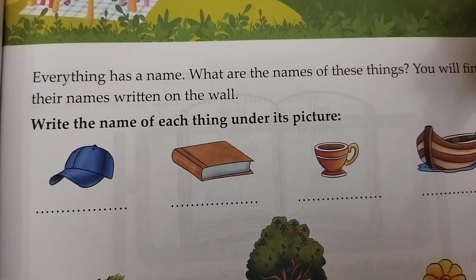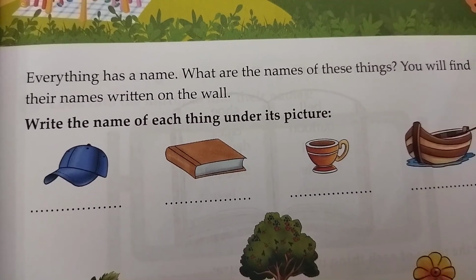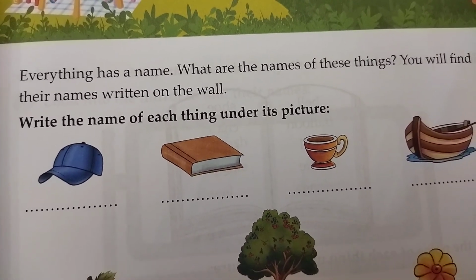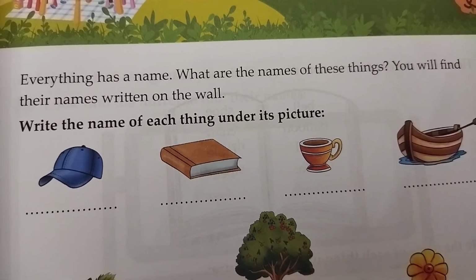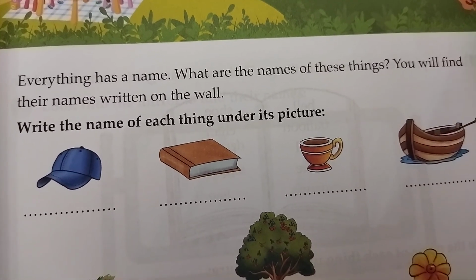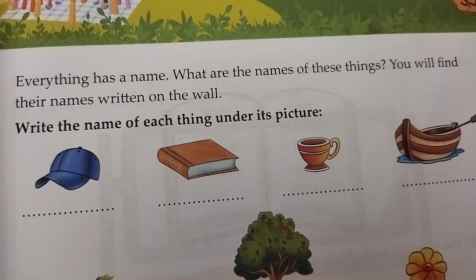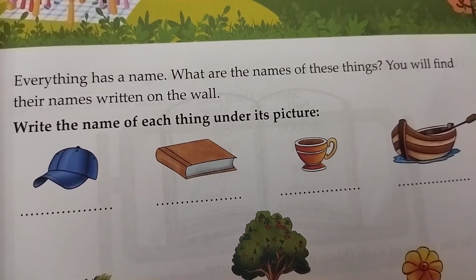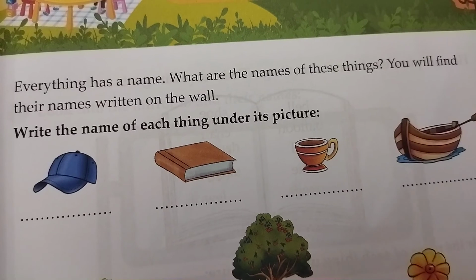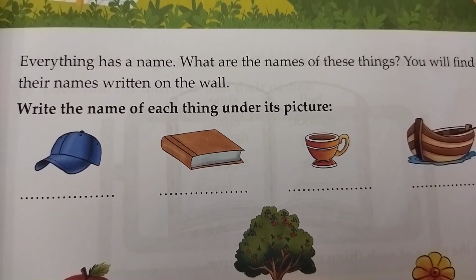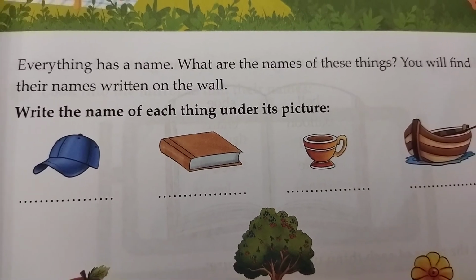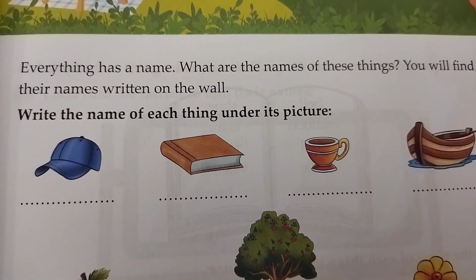Because how can we call out a thing if it has no name? For example, every person has a name. For example, the students in your class are Fatima, Adil, Mubashra, Yusuf, Aisha, Usman, and everybody, every single person has a name.